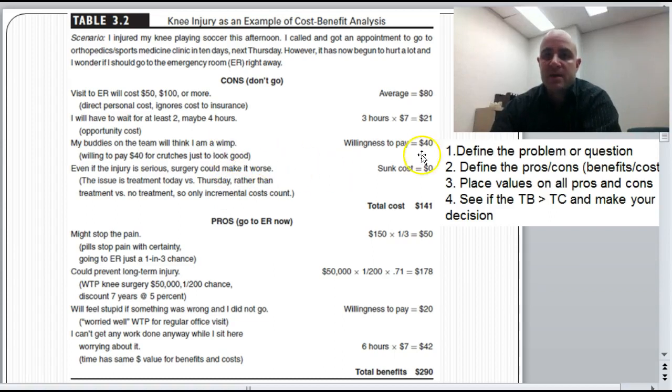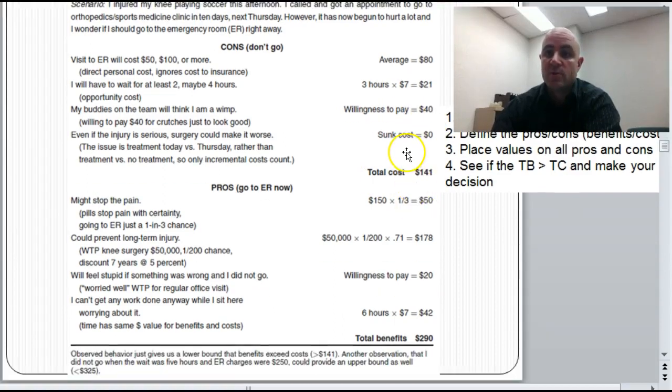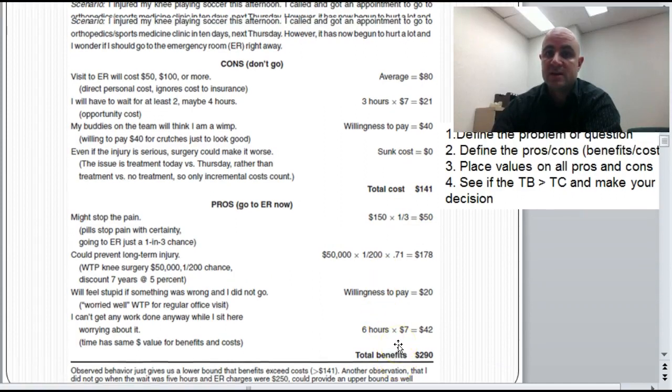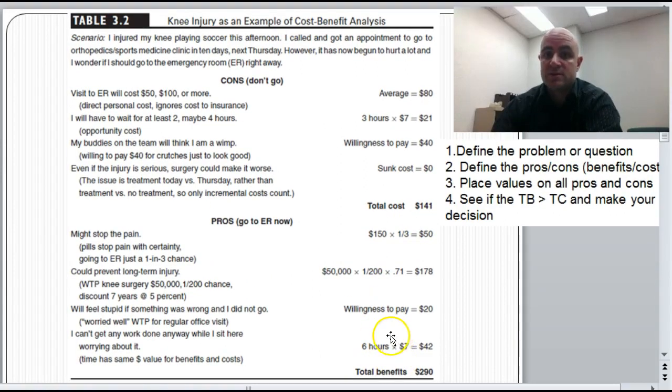And so for them, the value of that cost is, instead of 40, it's 240. Okay, they place a lot of emphasis on that. Well, because of that, the total cost, since that goes up by 200, it becomes 341. Now 341 is greater than 290, and so this person would not go.